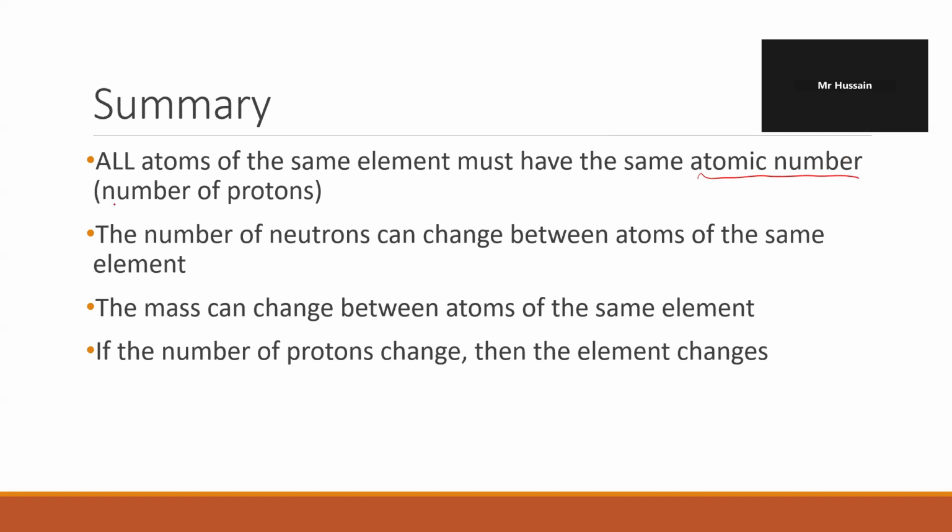It means the number of protons remains the same. The number of neutrons can change between atoms of the same element. Because of that, mass can change between atoms of the same element. If the number of protons changes, then the element changes. Therefore, atomic number would never change.